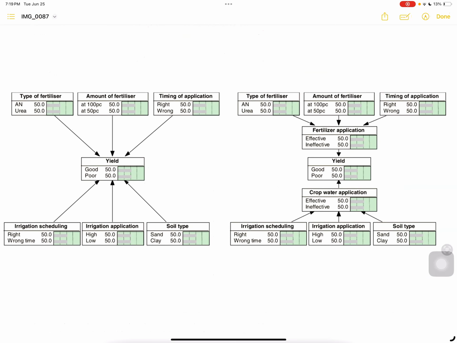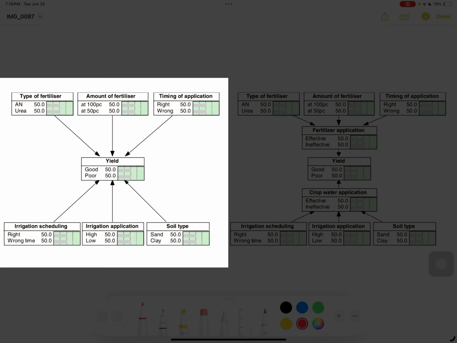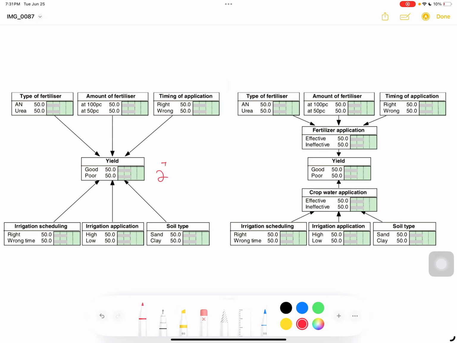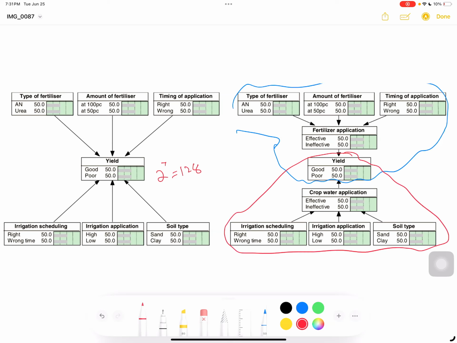The advantage is that for the original network, if you recall what I did previously, I needed 2 raised to power 7, which was 128 probability values for the conditional probability tables. However, let's see how many we need for this network. I have this part of the network, and this part.